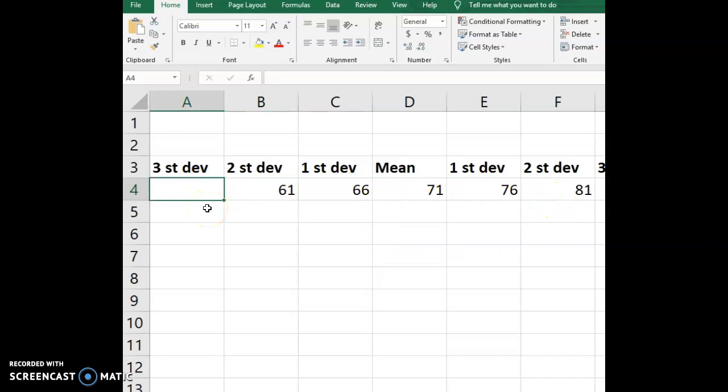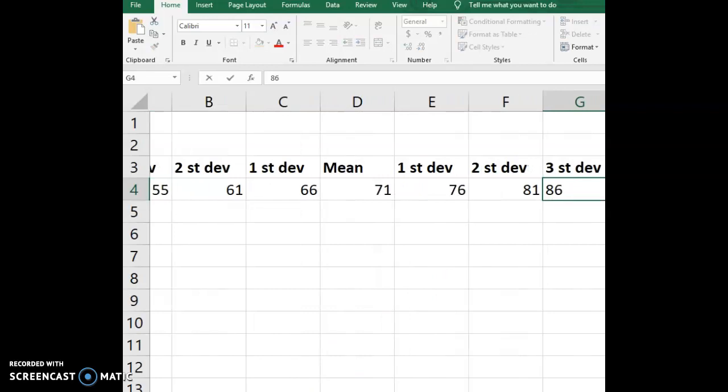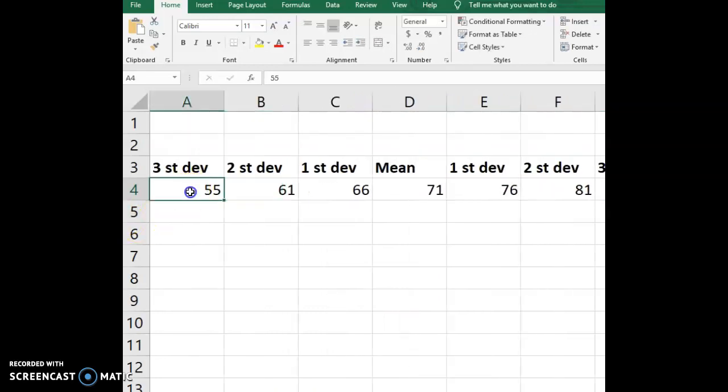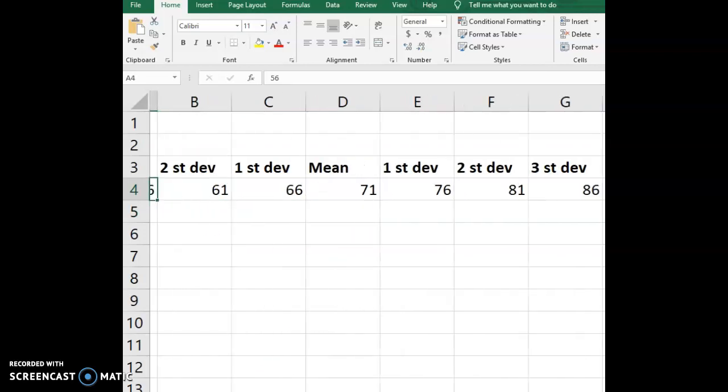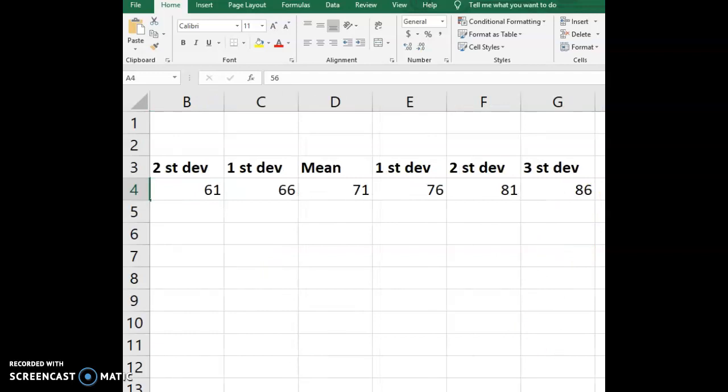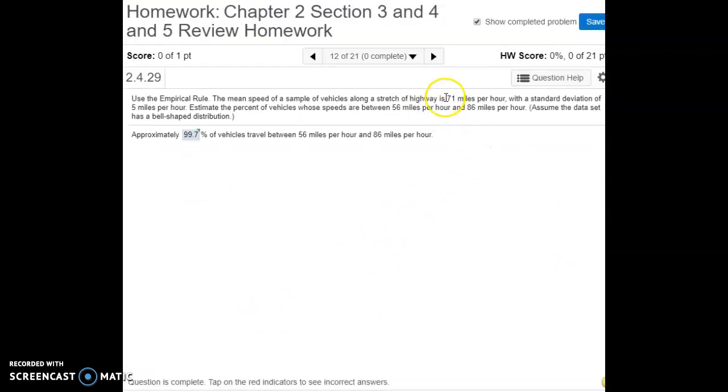And subtract 5 again, we'd get 56, and that would be 86 then for 3 standard deviations. So the empirical rule says 99.7% of data is in between 3 standard deviations, in between 56 and 86. So just from knowing the mean and the standard deviation, you can find out a lot about the data if it's bell-shaped.